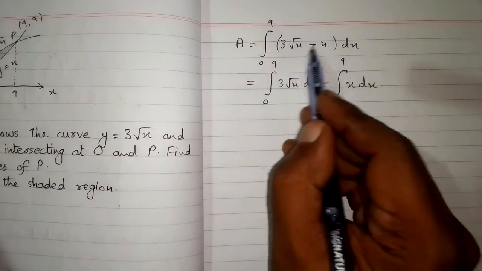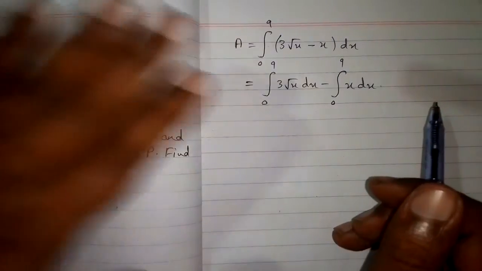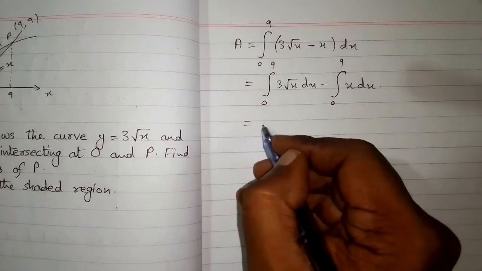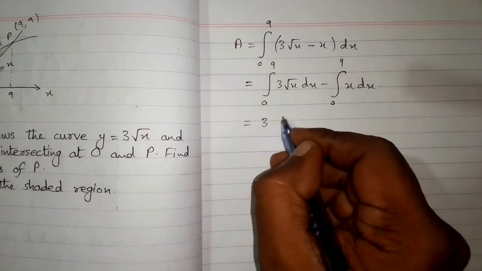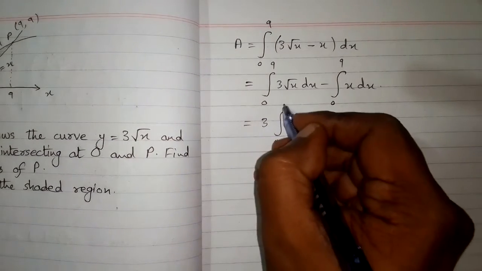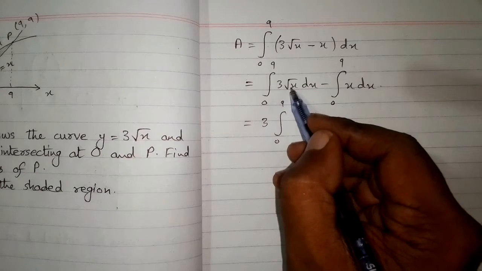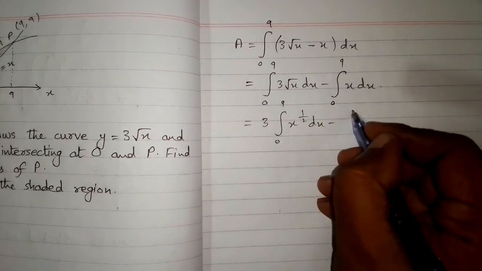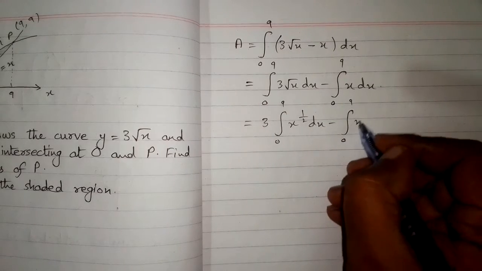We can apply integral on both the terms. Now we can write this coefficient 3 before the integral, and then square root of x means x to the power 1 upon 2, minus integral of x dx.